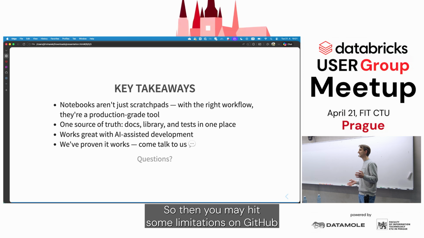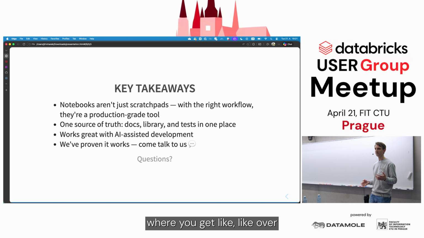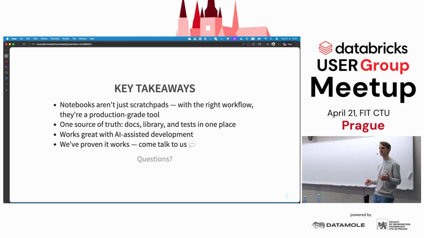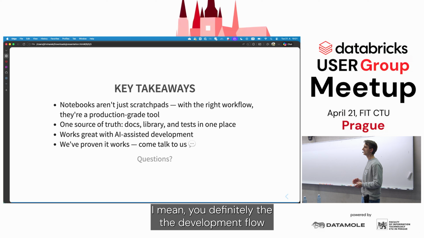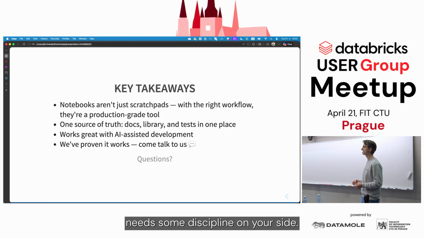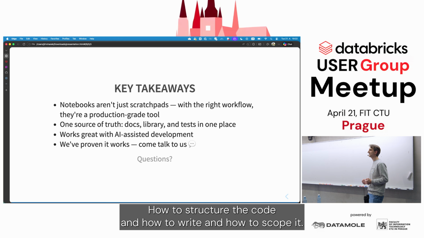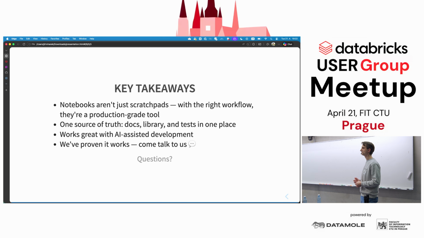Then you may hit some limitations on GitHub, where you get over something like 1 gigabyte for a notebook, which is bad. I mean, the development flow needs some discipline on your side, how to structure the code, how to write it, and how you scope it.